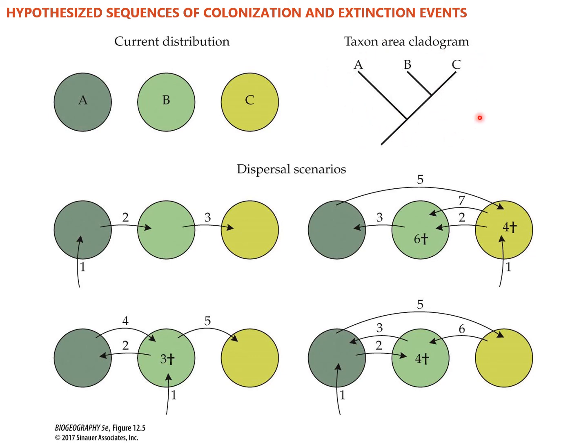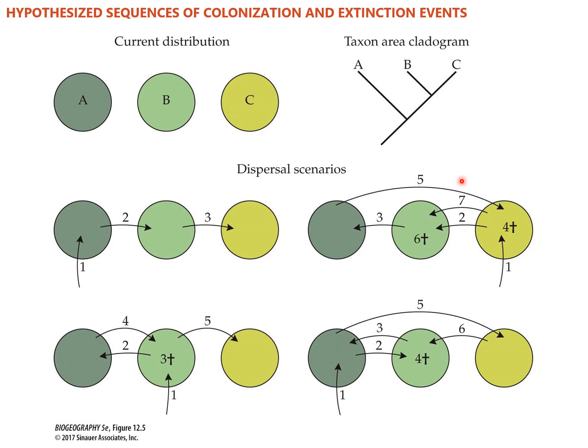This is one of the reasons why, when you're using this approach, the initial hypothesis tends to be vicariance, because vicariance is much easier to disprove. If you want an elegant hypothesis, and something called parsimony, where you assume the simplest explanation first and then try to disprove it, you want to start with vicariance, because there's only one vicariance scenario that could create this taxon area cladogram, but there are a number of dispersal scenarios that could create it.